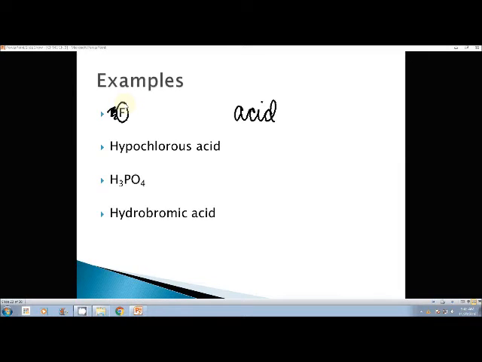It's just fluorine or fluoride from the periodic table. So, since it's fluoride or fluorine, not a polyatomic ion, we're following the top line in our table, which tells us it's going to be called hydrofluoric acid.